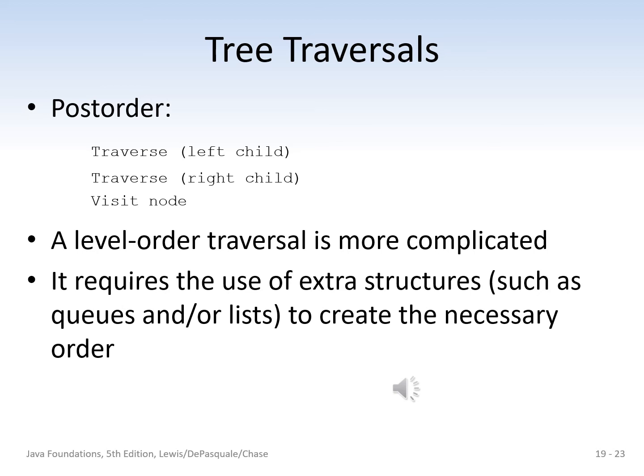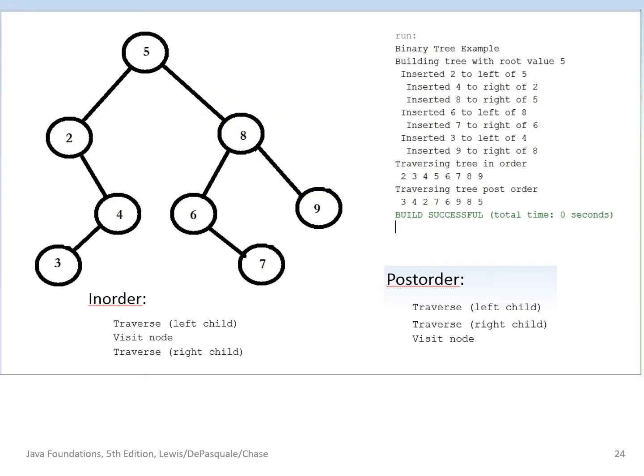Post order: traverse left child, traverse right child, visit node. A level order traversal gets a little bit more complicated and involves the use of extra structures such as a queue and or a list in order to create the necessary order. Obviously, we're going to demonstrate and implement all of these. So stay tuned. I think it's about time for a demo.